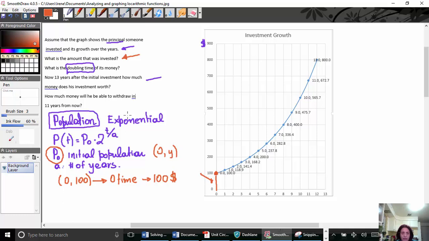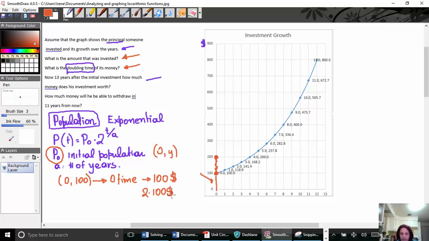The next question is, what is the doubling time? Well, looking at the graph, and since he invested $100, we want to see how long it took for this money to double. 2 times 100 is equal to 200.